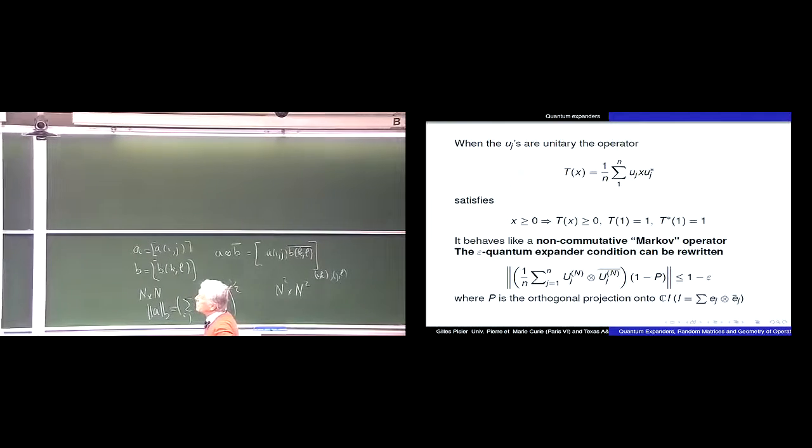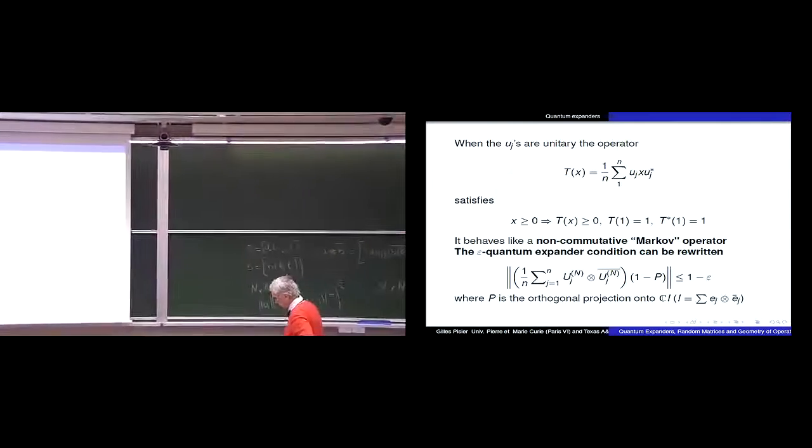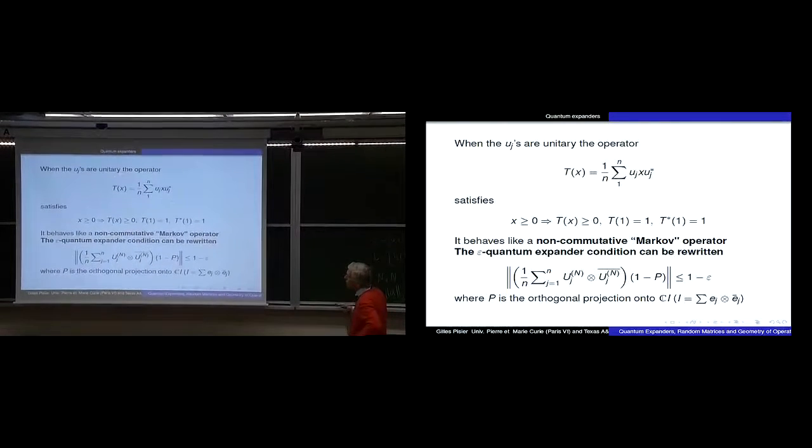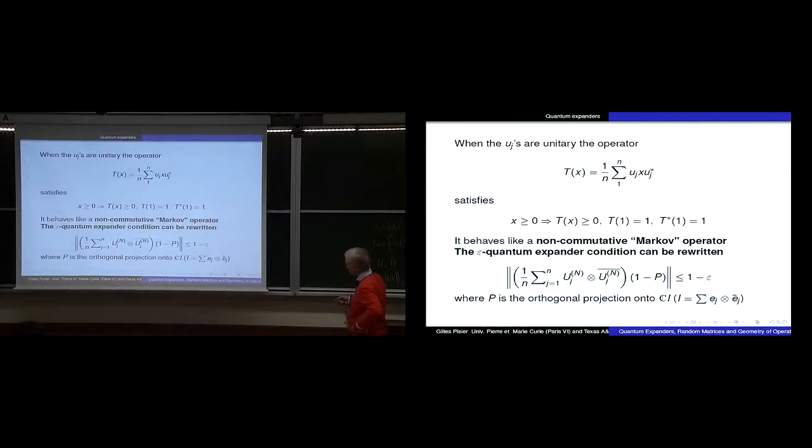You see that we are really interested in the spectrum of this operator, or at least the spectral gap of this operator, which incidentally satisfies nice properties. It takes positive to positive. The unit is fixed, and it's also fixed by the adjoint.